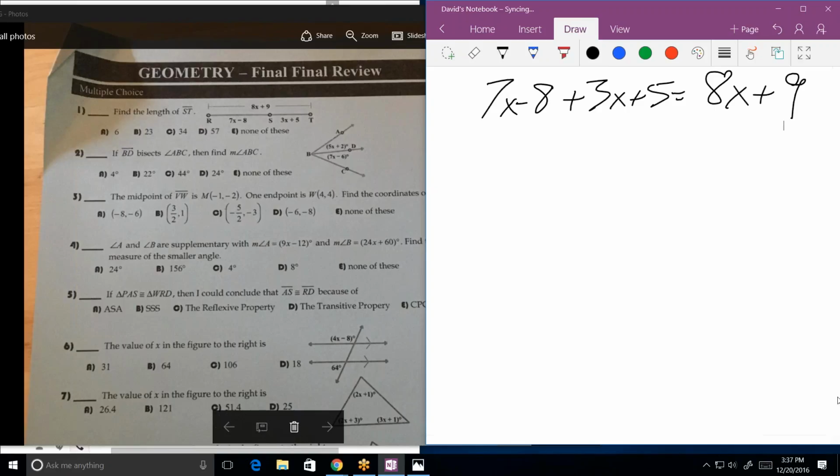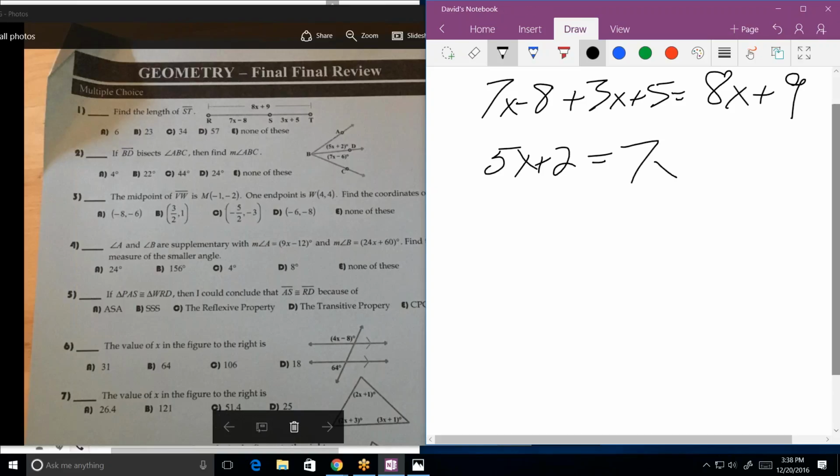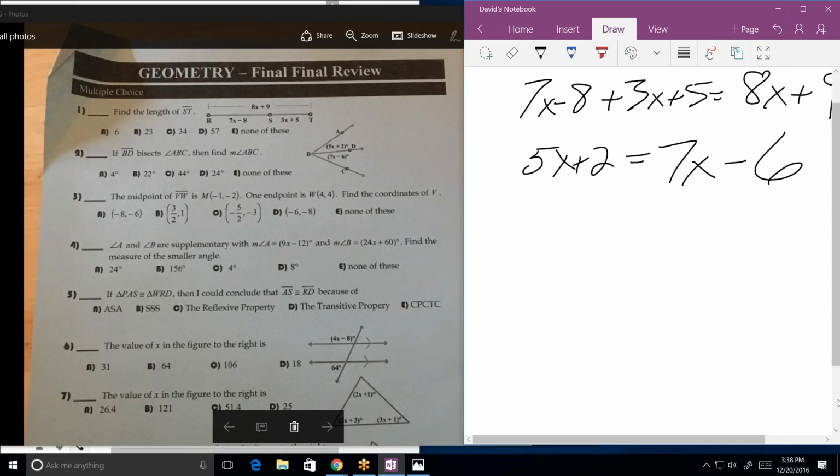Give me an equation that I can, again, solve for x, because in order to know what this ABC angle is, I'm going to have to solve for x. You could do 5x plus 2 equals 7x plus 6. That will get you a solution for x, and then you'll know their answer. Okay, let's go to 3.